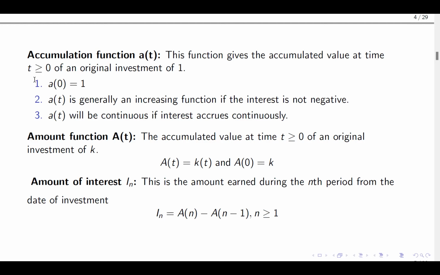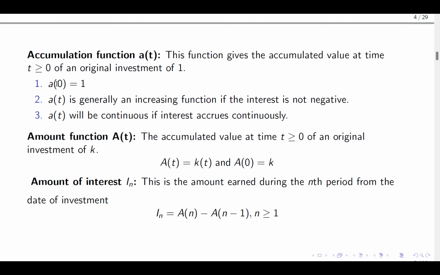So if t is 10 years, then a(t) is the function that will give me the accumulated value at time 10. We are saying an investment of 1 because we are assuming that our principal is just 1. If our principal was, say, P, we'll come to that and get there.